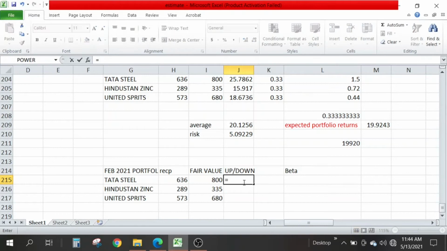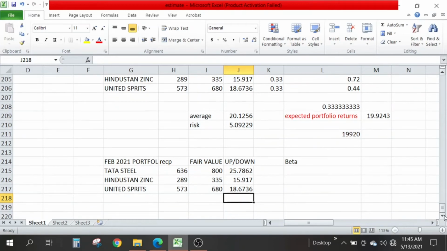So how we calculate the upside or downside is: is equal to, then open the brackets, fair value minus recommended price, close the bracket, divided by recommended price, multiply by 100. And the same way for the other stocks, drag down. Okay, so here we have got the upside downside column.